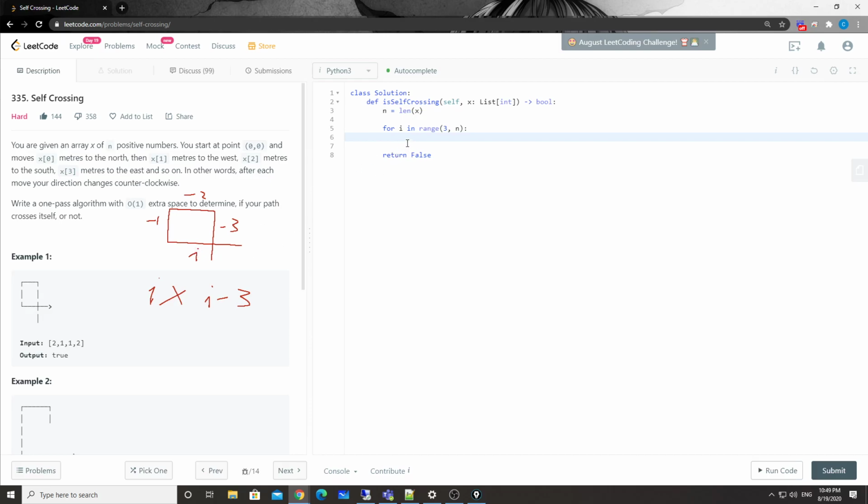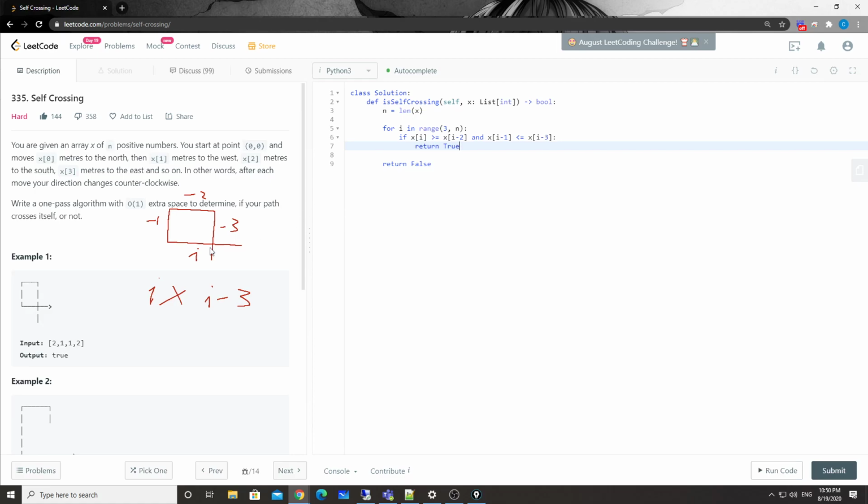And for this case, if xi is greater than xi minus 2, right? And xi minus 1 is smaller or equal to xi minus 3, then we return true.